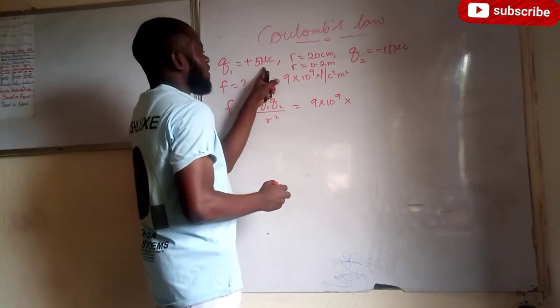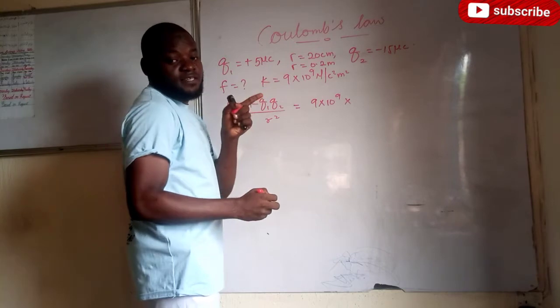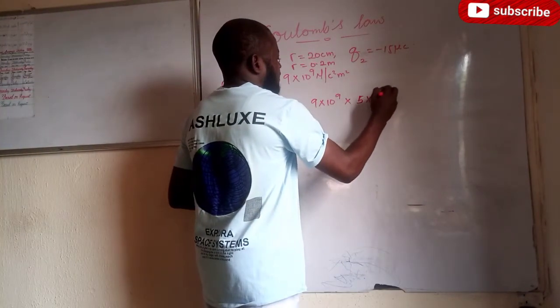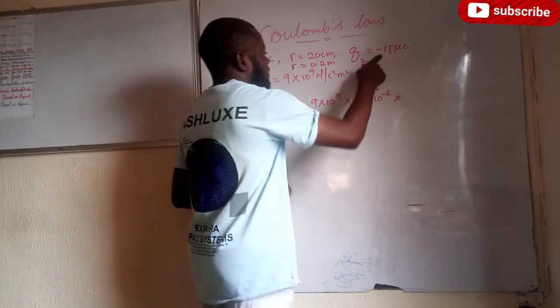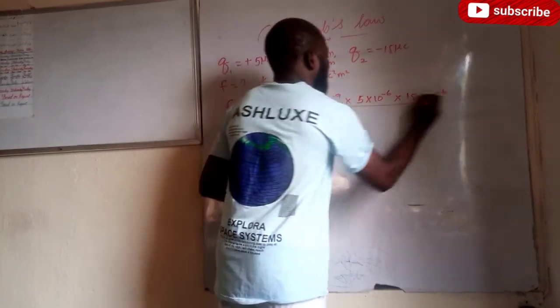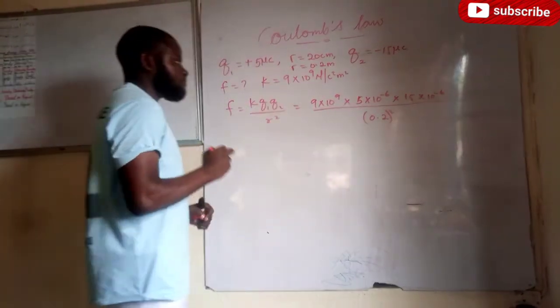So if this one is 5 microcoulomb, we have to multiply it by 10 to the power of minus 6. We said that earlier. So this will become 5 multiplied by 10 to the power of minus 6. Then multiply by 15 times 10 raised to the power minus 6 divided by 0.2 all squared.